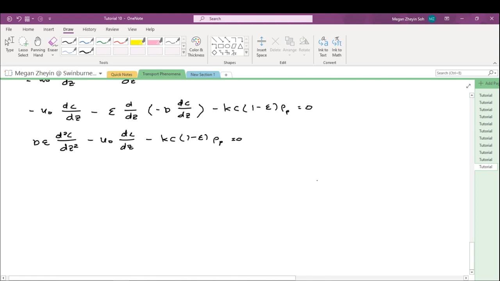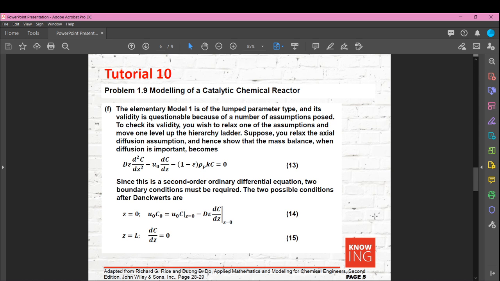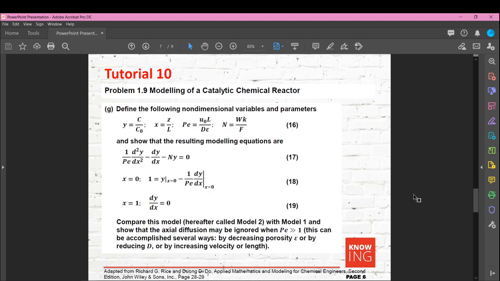Now, that's for part F. Let's check out the next problem. Define the following dimensionless variables and parameters, and show that the resulting model equations are this, and at this condition we get this.